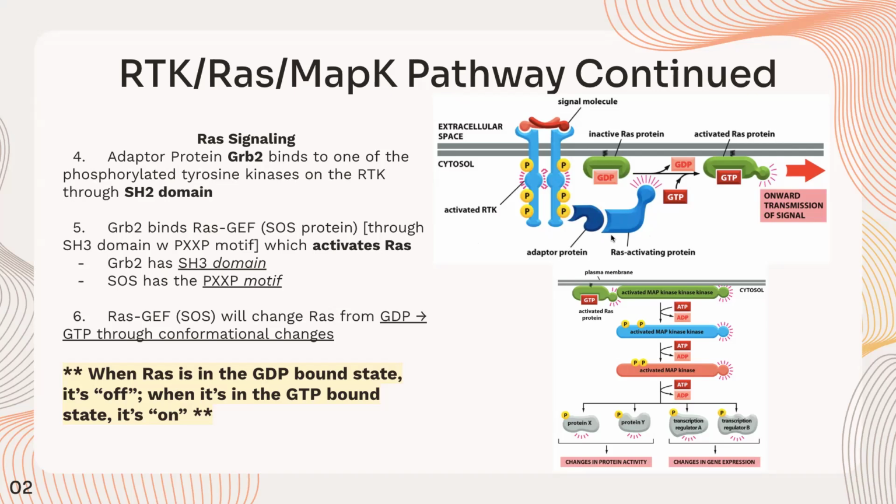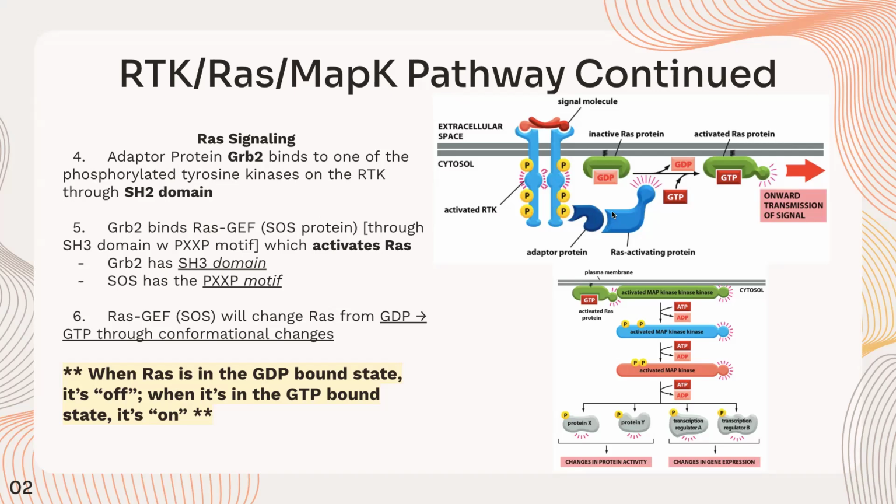Yago, do you want to explain a little bit how they bind each other? You were telling me this earlier. Yeah, so basically right here, you guys know what a domain is, right? It's a part of the folded protein. So right here will be an SH3 domain on the adapter protein, right?